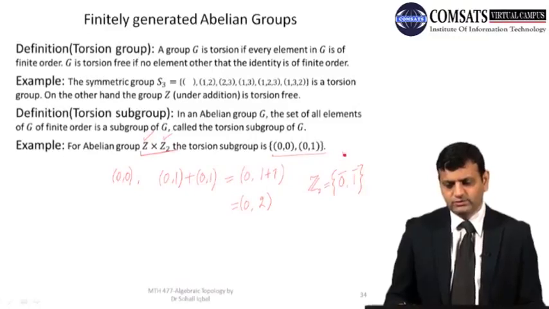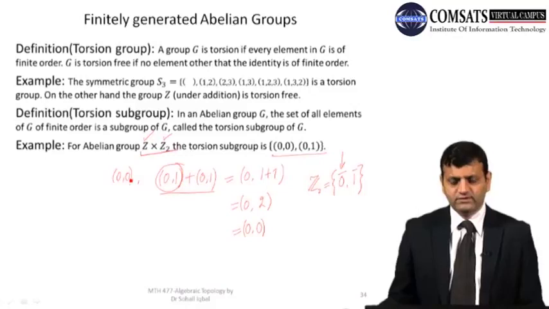In this set 2 belongs to this class, because if I divide 2 by 2, then the remainder is always 0. So this 2 is nothing but 0. So if I add this element twice, then the result is the identity. In other words, the order of this element is 2. So it has finite order. Similarly, 0 0 is the identity element. If I add it to itself, then of course the result is the same, the identity element. So the torsion subgroup of Z cross Z2 has these two elements.